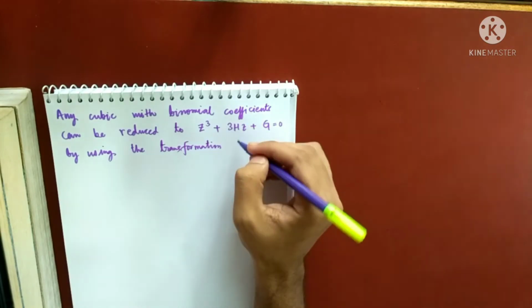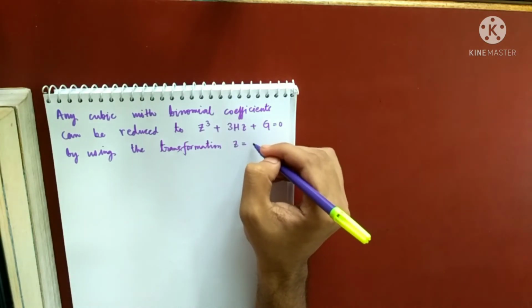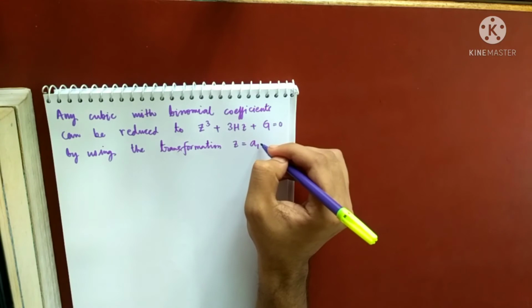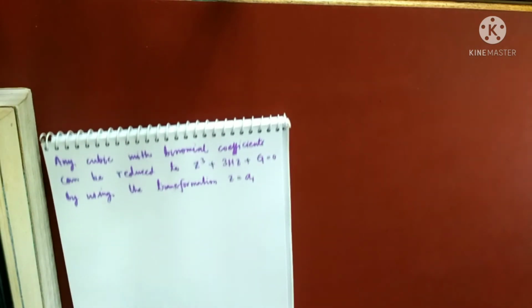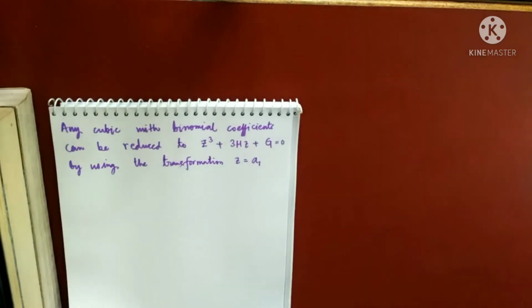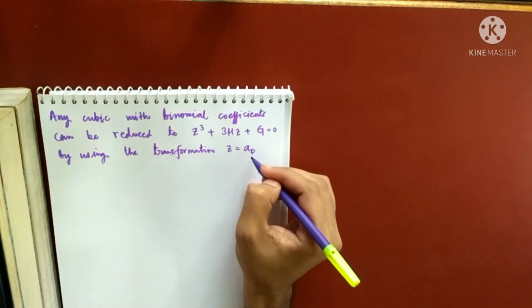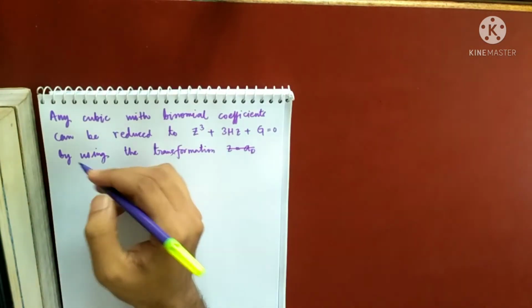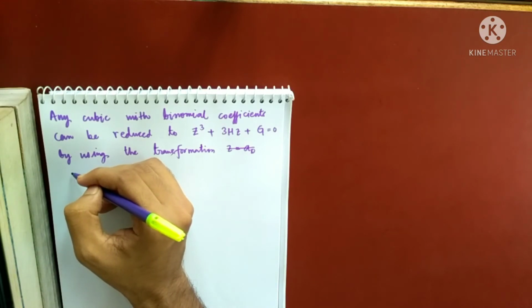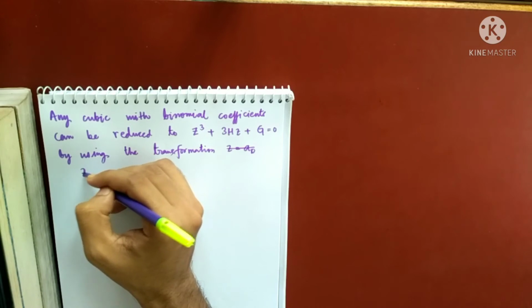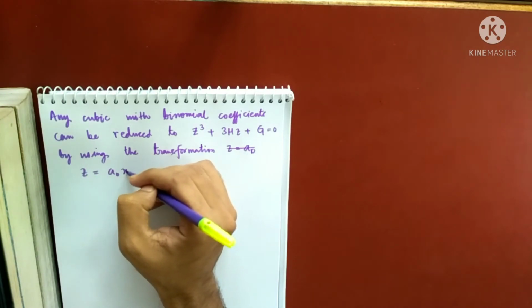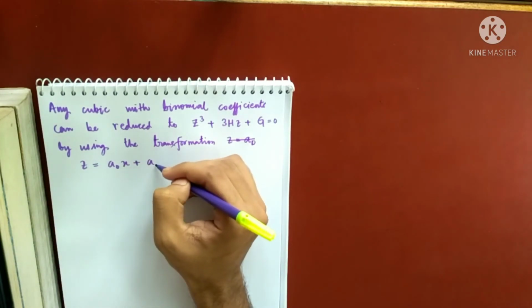What is the transformation I'll be using? z equals a naught x plus a1.